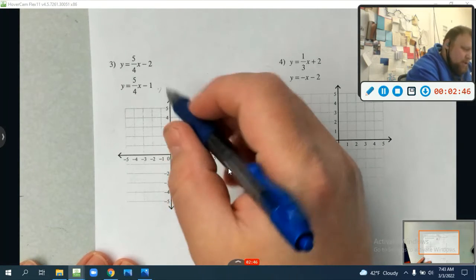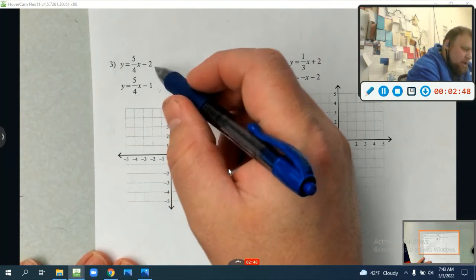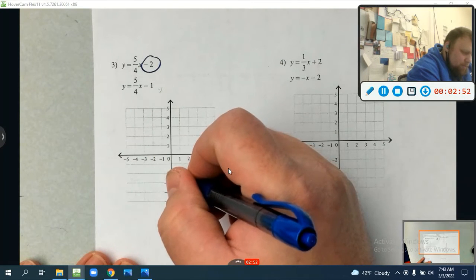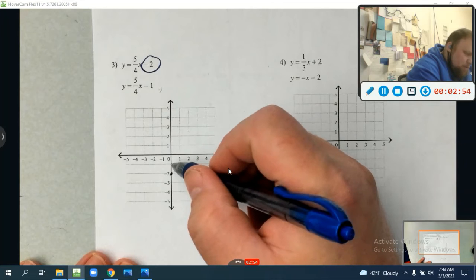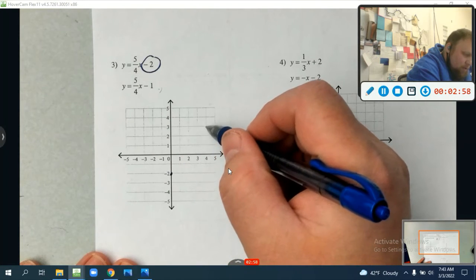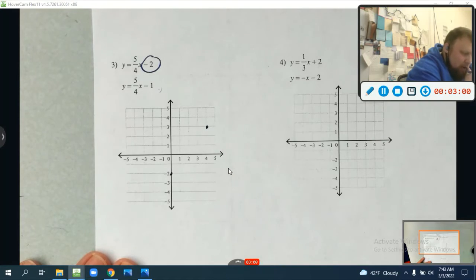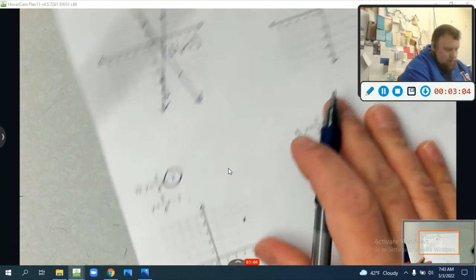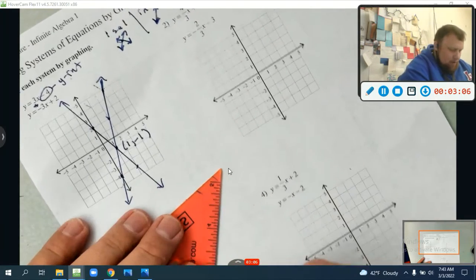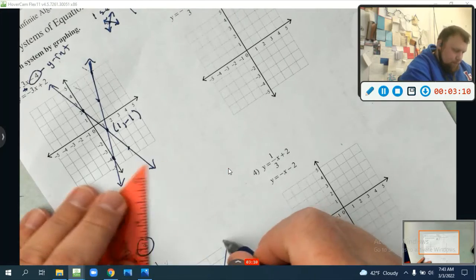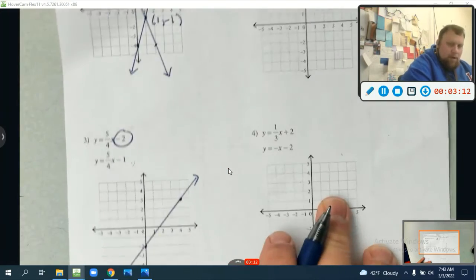This one has a start value of -2, and it's up 5 over 1. And notice I can only do one dot because I just don't have enough room anywhere else. We've got our first line.